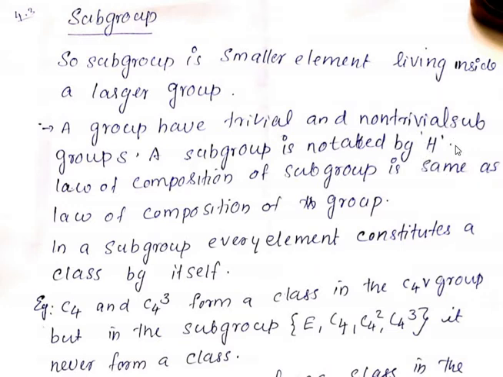We know that G is used for notating a group. The law of composition of the subgroup is the same as the law of composition of the group. In a subgroup, every element constitutes a class by itself.